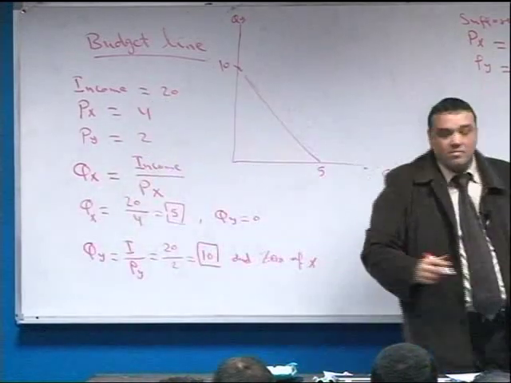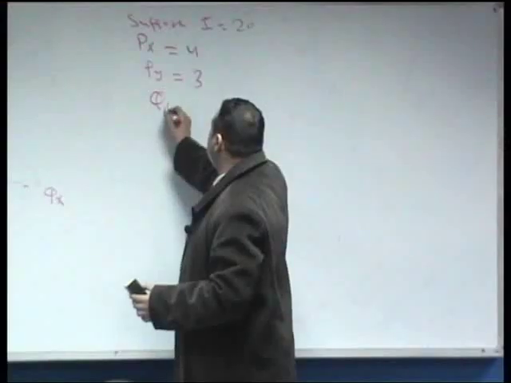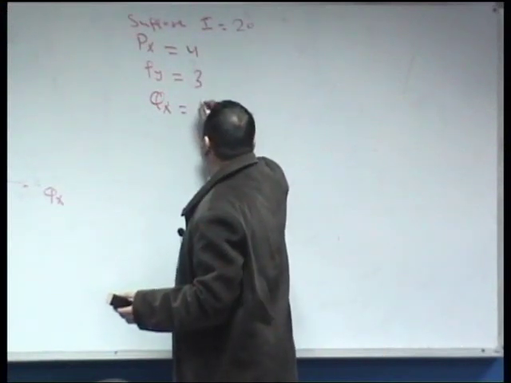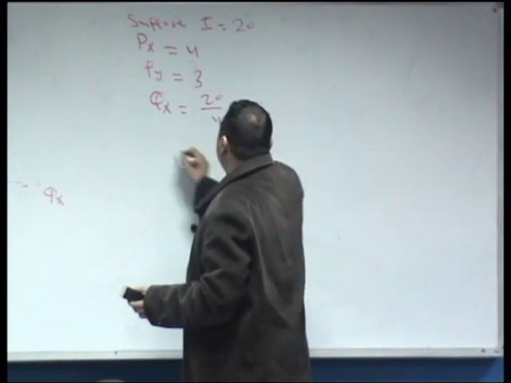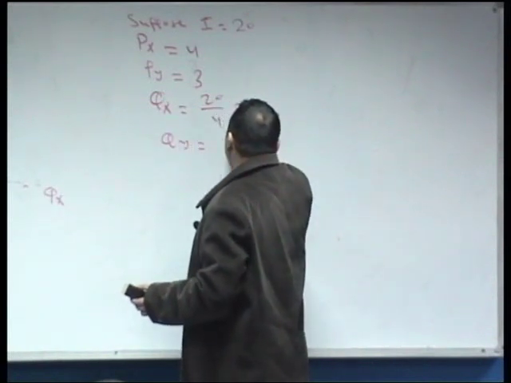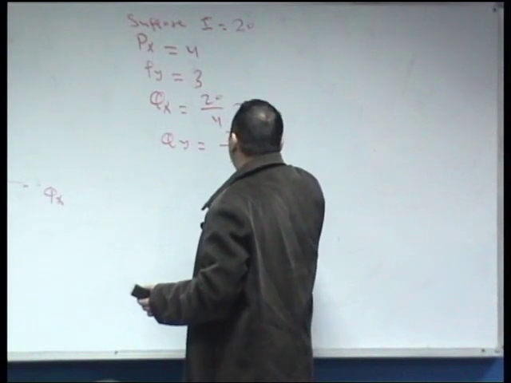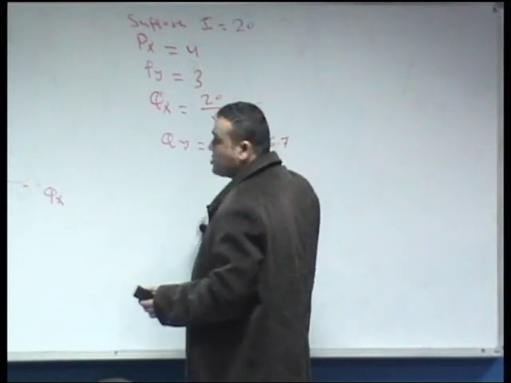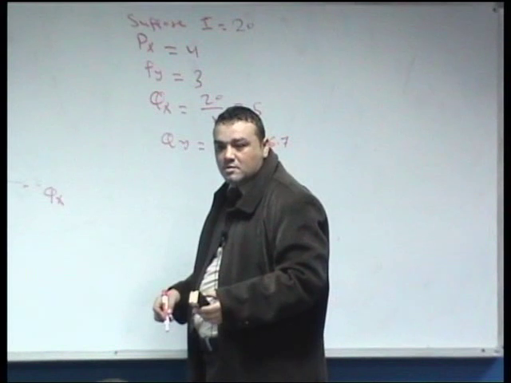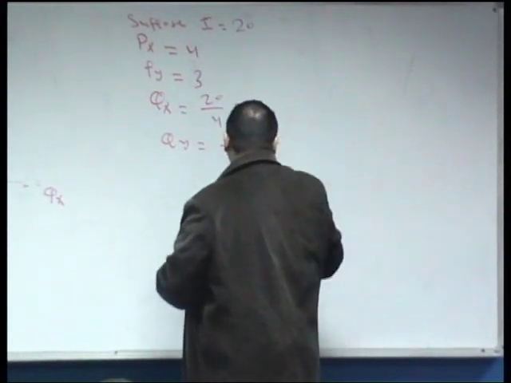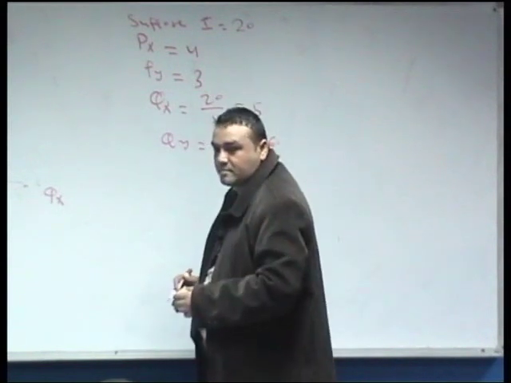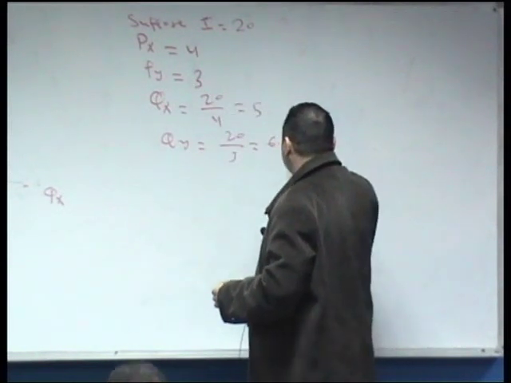Qx will remain constant. 20 over 4 equals 5. Qy equals 20 over 3 equals how much? 6.9 or 6.7? 6.3?